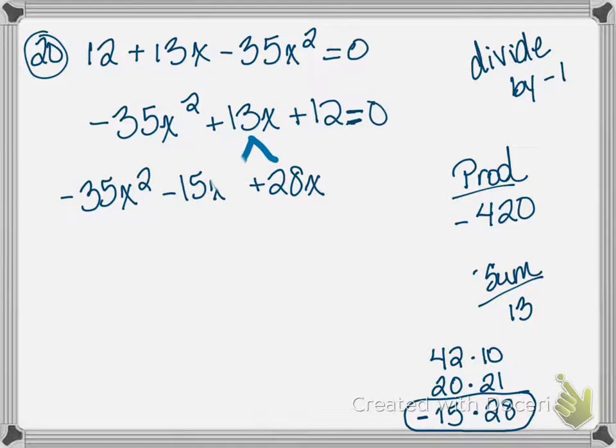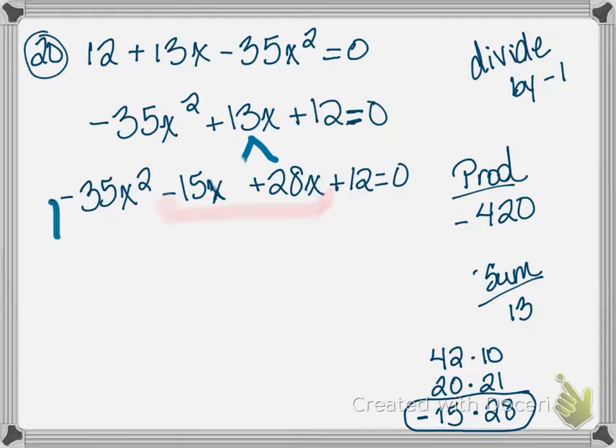Now remember, what I've done is I've taken negative 15x and positive 28x, and that's still equal to 13x. So I haven't changed the value of anything. I've just split that 13x into my two numbers.